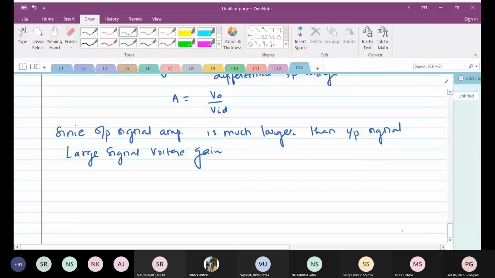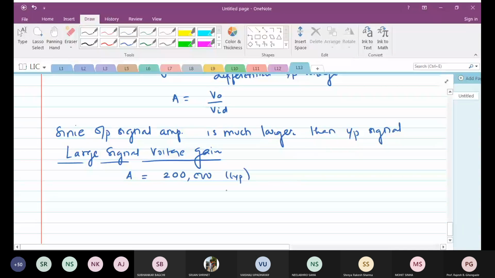Okay. Now, this large signal voltage gain is measured and specified by the manufacturer under certain conditions. And for LM741, under these conditions, A happens to be 200,000 typically.